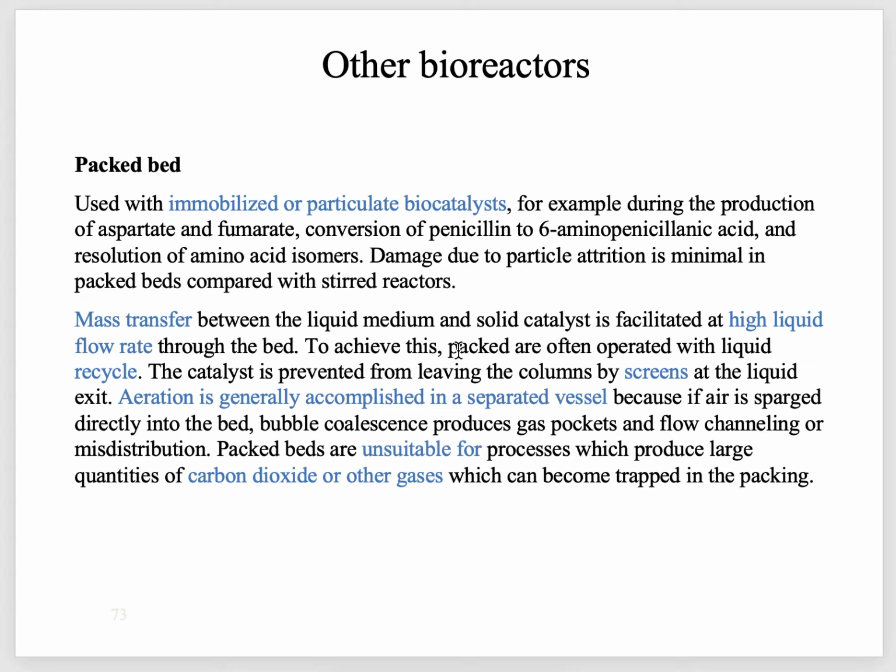In stirred tank bioreactors, the catalyst and the medium are in continuous mixing, so mass transfer is easier. But here the catalysts are fixed and cannot move. Yet we can achieve the required mass transfer by using a high liquid flow rate through the bed, and to achieve this, packed beds are often operated with liquid recycle.